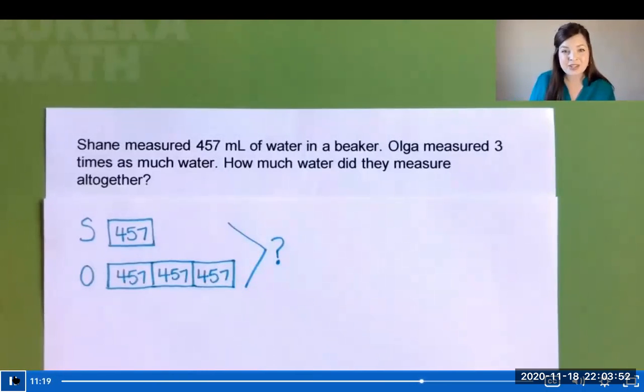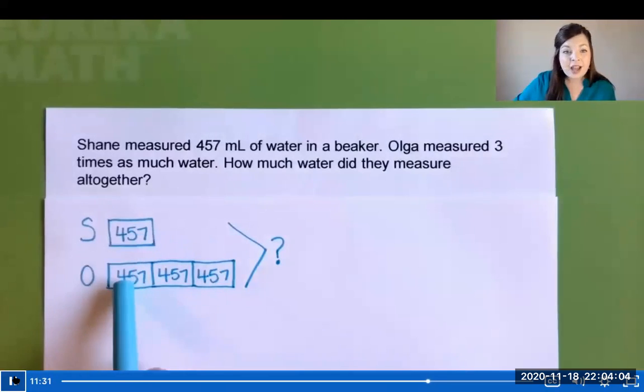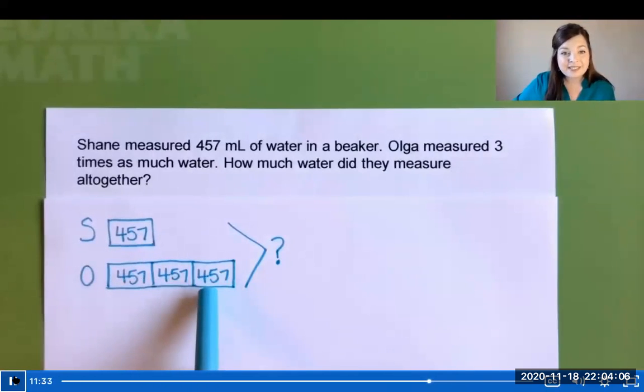So now let the tape diagram speak to you. What does it tell you about how we might solve? In the tape diagram, we can see that we're looking for the value of 4 units of 457. So we can multiply 4 times 457.